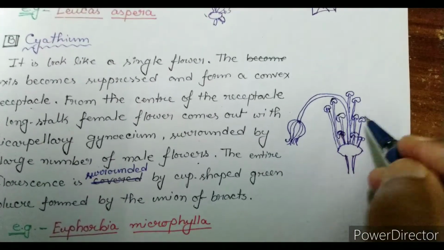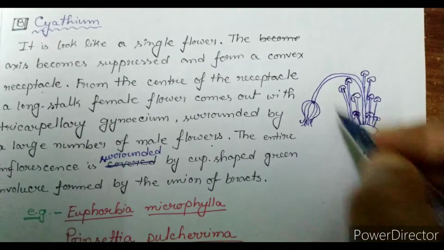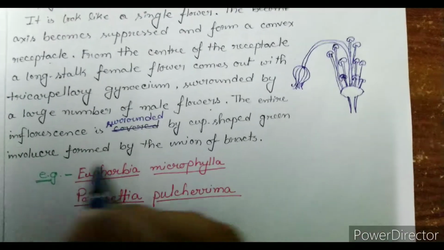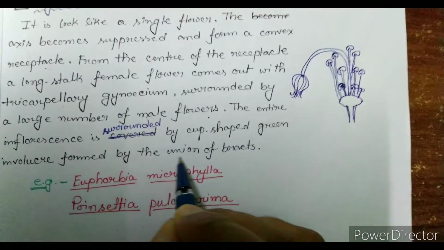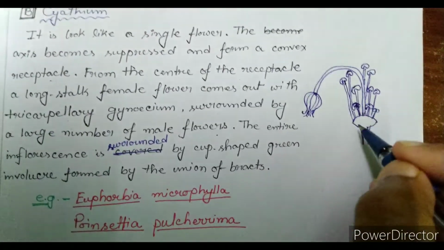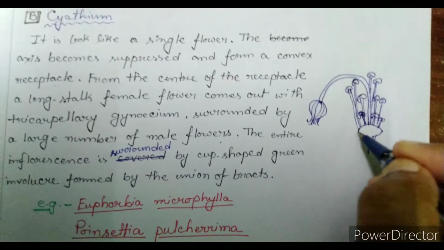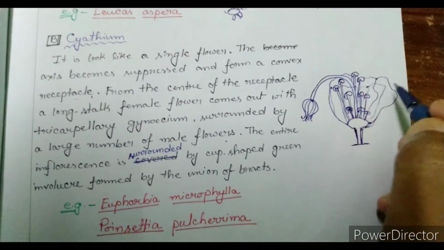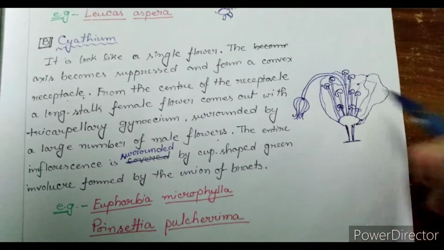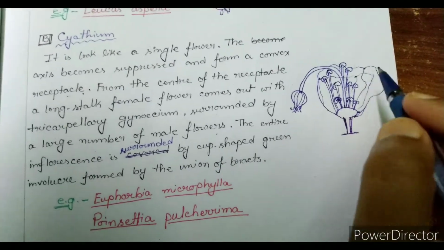After that, the entire inflorescence is surrounded by a cup-shaped green involucre formed by the union of bracts. A few bracts arise from the node and cover the whole inflorescence, and this looks like a single flower.